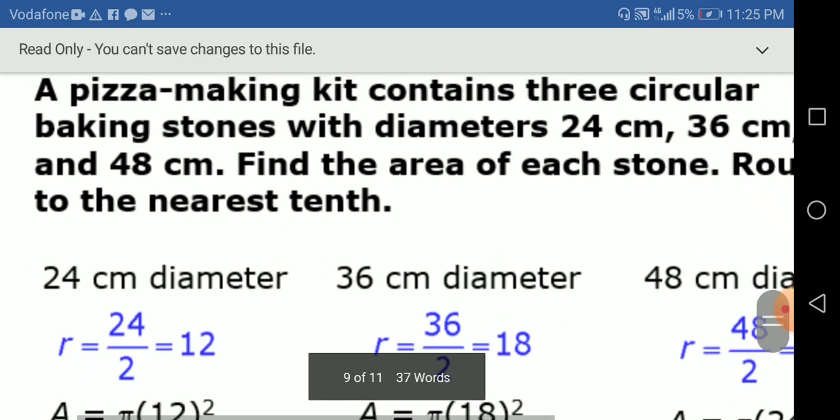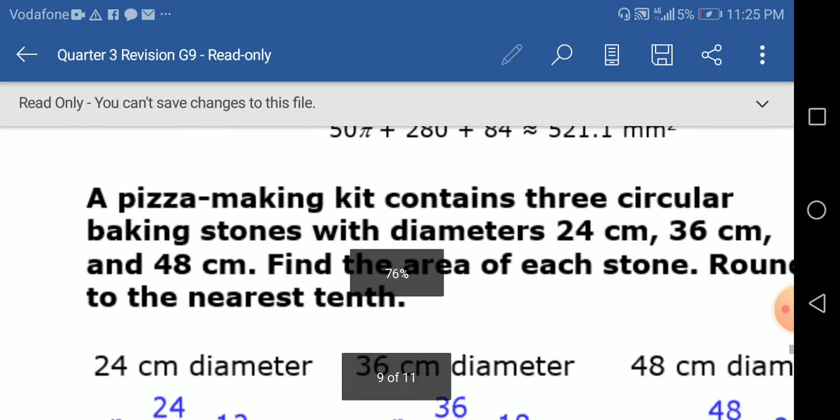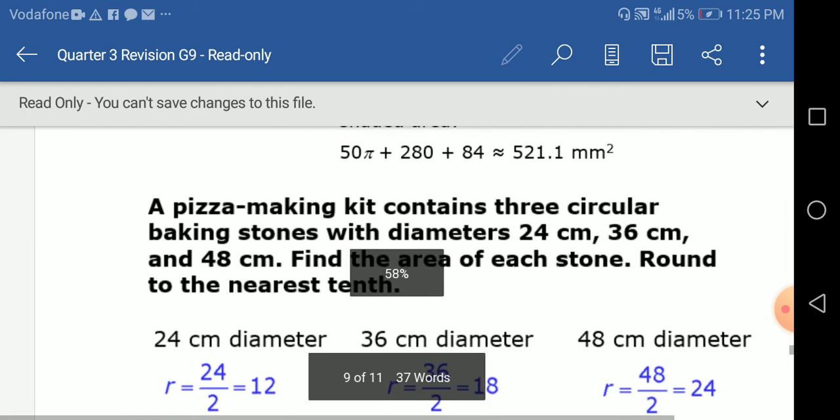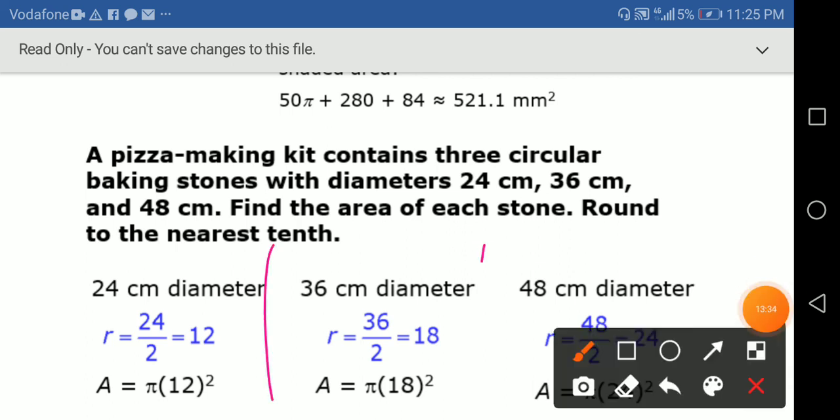Okay, so I have here a pizza making kit that contains 3 circular baking stones with diameters 24 centimeters, 36 centimeters and 48 centimeters. Find the area of each stone, rounded to the nearest tenth. So we have 3 sections: 1, 2, 3.